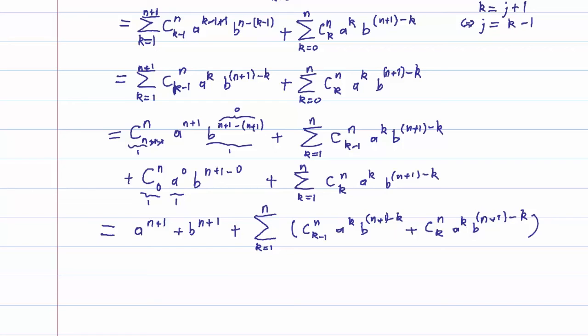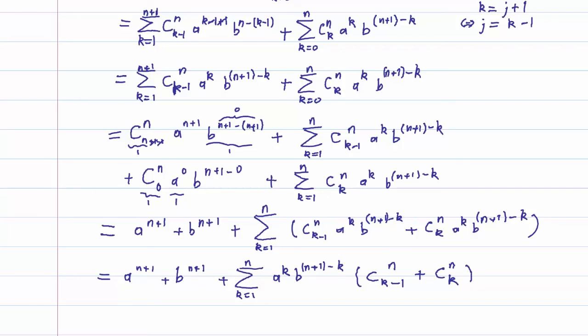So I'm going to take the a^k b^(n plus 1 minus k) out of the parenthesis. I'm going to factorize. So I get a^(n plus 1) plus b^(n plus 1) plus the sum from k equals 1 to n of a^k b^(n plus 1 minus k) times C(k minus 1, n) plus C(k, n).